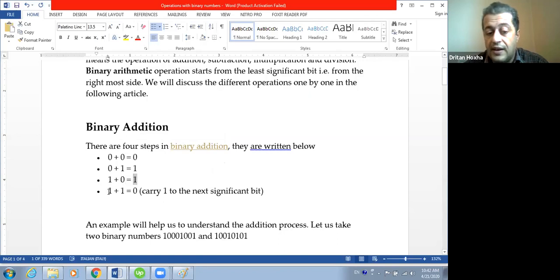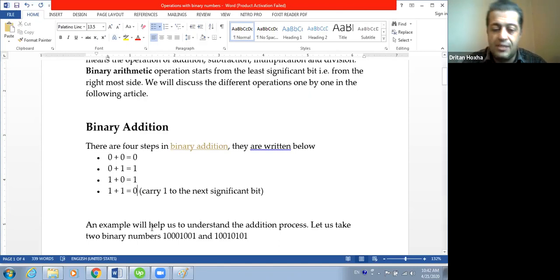And if we have 1 plus 1, in the decimal system it is equal to 2. But here, we cannot write 2 because we have only zeros and ones. So we should write 0 and carry the digit 1 into the next position.